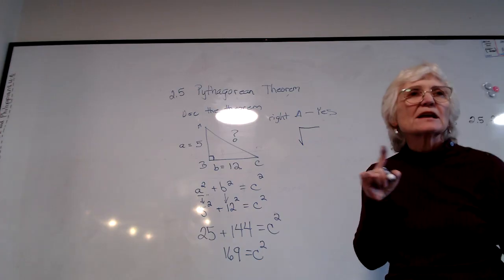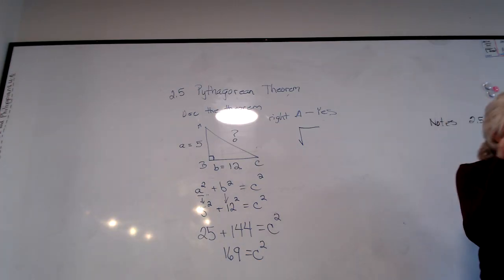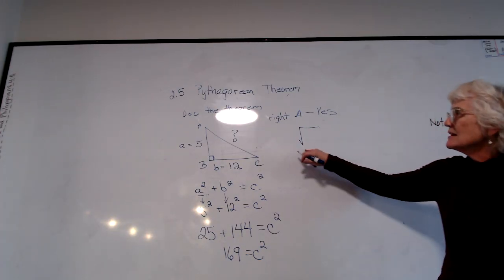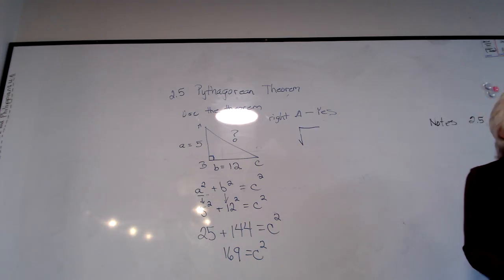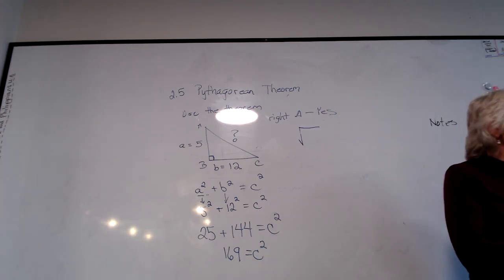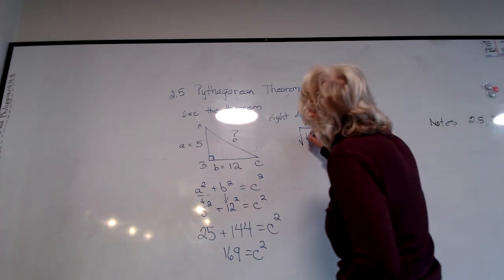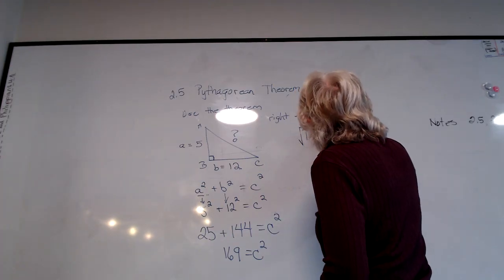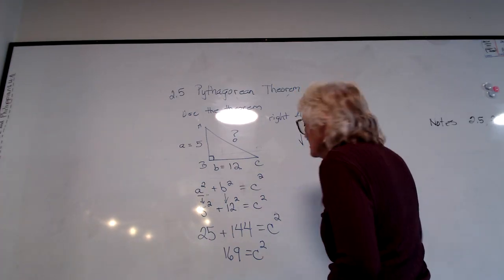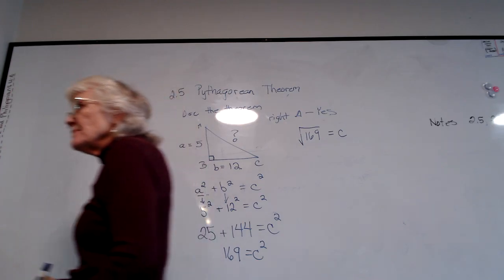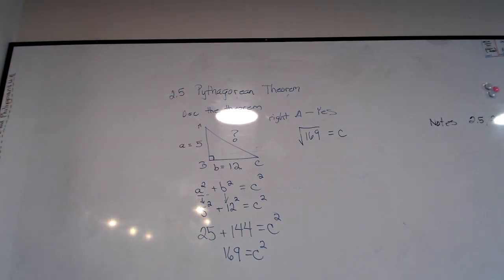On a calculator, there's a square root sign. It's not a division sign, it's a square root sign. You take the square root of 169, and that will equal C, okay? Because the square root finds what number multiplies by itself to give you the number inside.